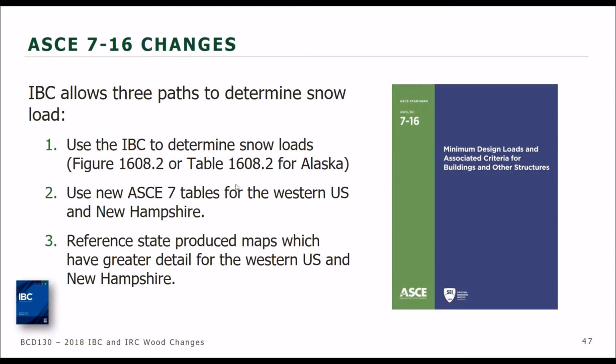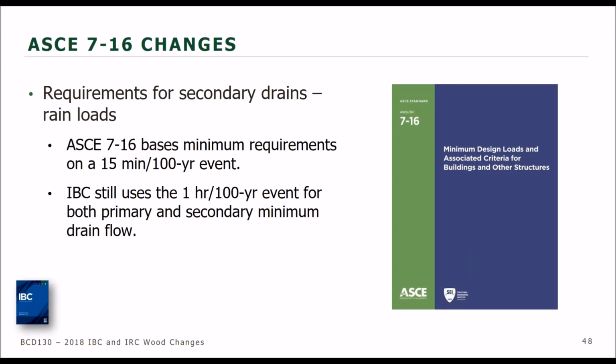We have a new ASCE 7 for the Western US and New Hampshire that has a specific table for those areas. And then the third path is to reference state-produced maps, which have greater detail for the Western US and New Hampshire. So 3 paths. You'll have to work with your code official to see which one is acceptable. Maybe all 3 are, and you can determine that with the code official and design appropriately.